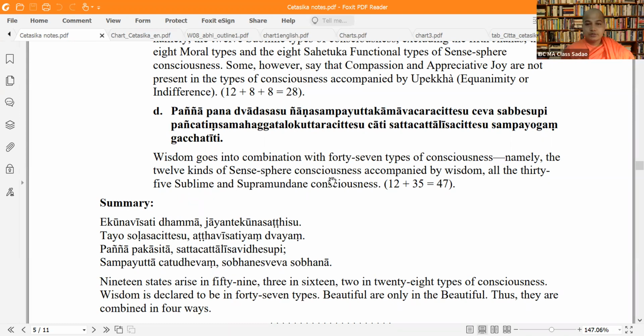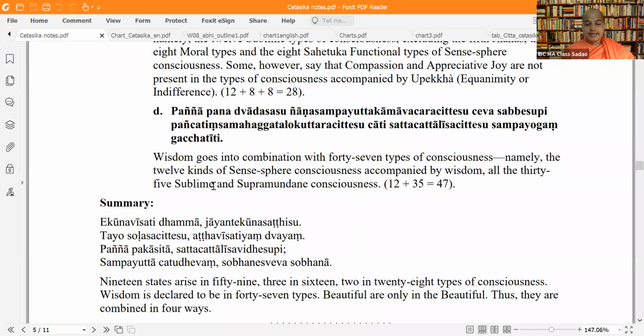Wisdom goes into combination with 47 types of consciousness, namely the 12 kinds of sense sphere consciousness accompanied by wisdom. Those chittas accompanied by wisdom are called yana sampayutta chitta. In all these 12 kinds of kamavachara yana sampayutta chittas, it is present. Also all the 35 sublime and supramundane consciousness.